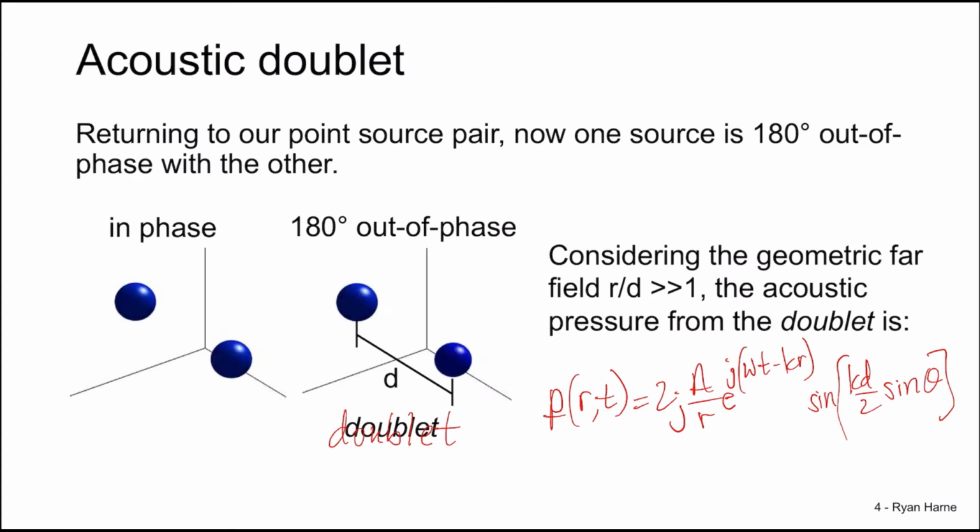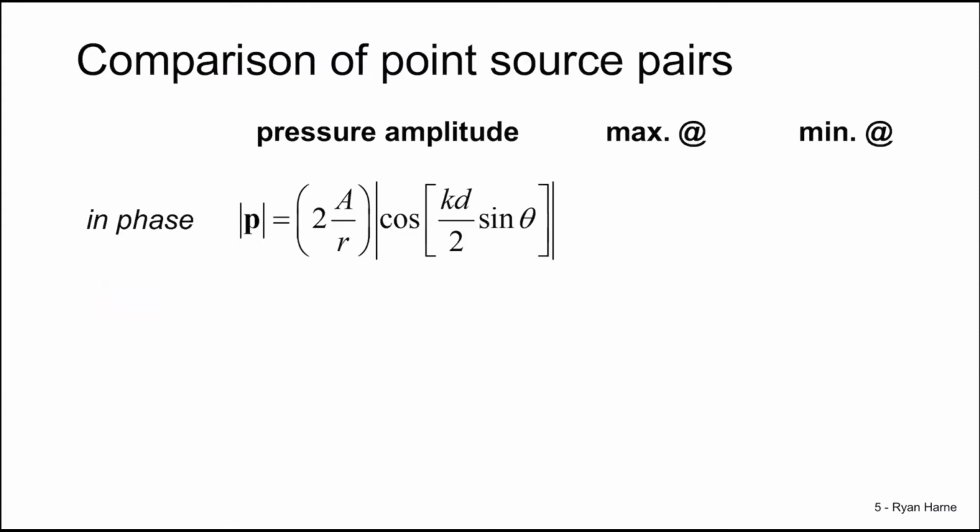How do we compare this point source pair, whether the point sources are in phase or out of phase? We're already familiar with our in-phase point source combination. They're maximized at broadside when theta is equal to 0, and sound delivery to the field point is minimized when we have the following condition: d sine theta is equal to (2m minus 1) divided by 2 times lambda, where m is an integer, 1, 2, 3, and so on.